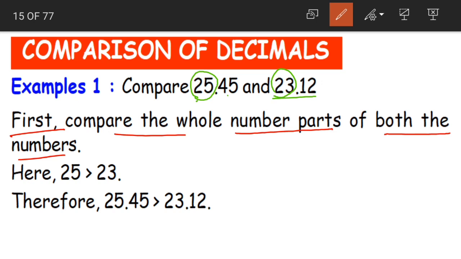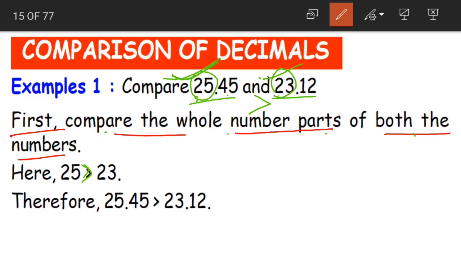These are our whole number parts. When we compare 25 and 23, which is the greater number? 25 is greater than 23. So that is why the decimal number 25.45 will be greater than the decimal number 23.12. Understood, children? Simple, right?